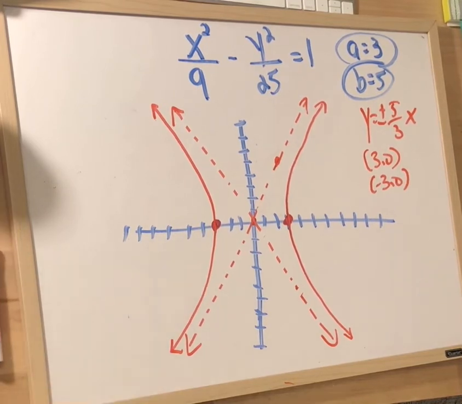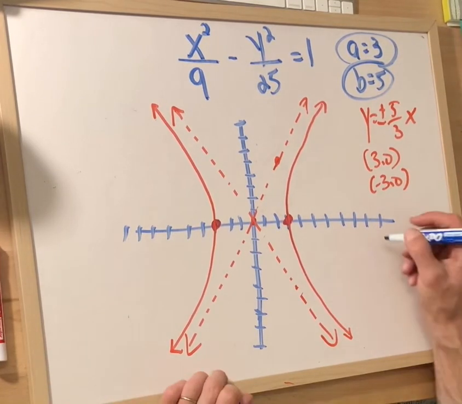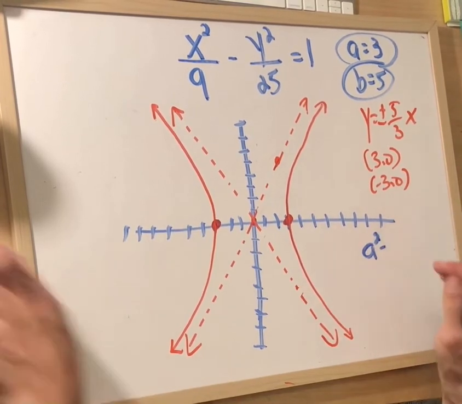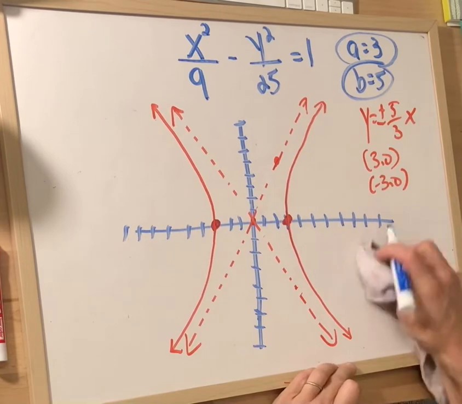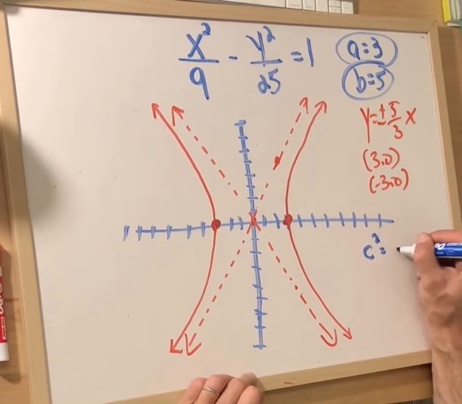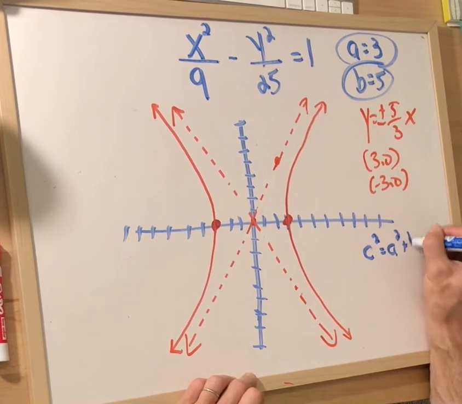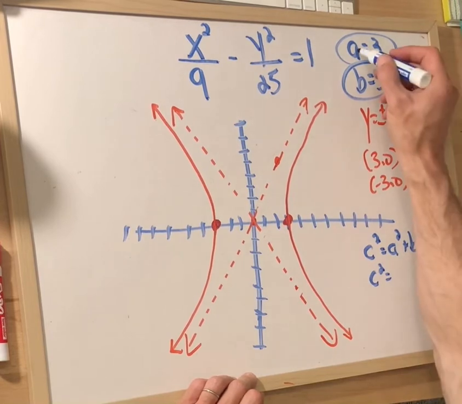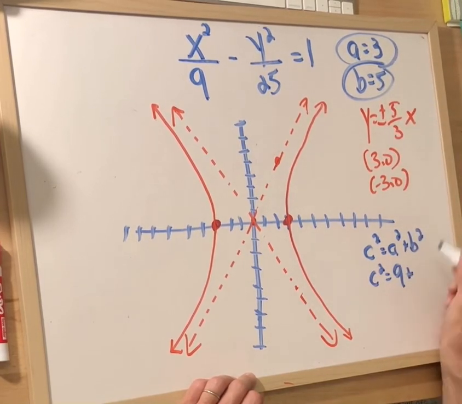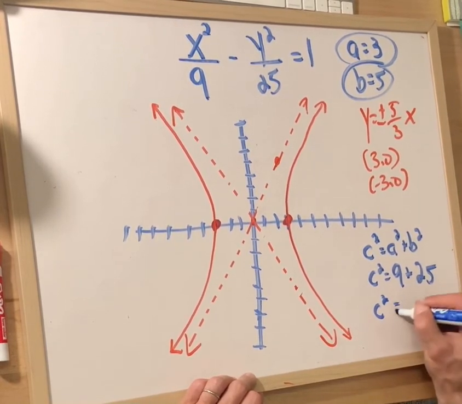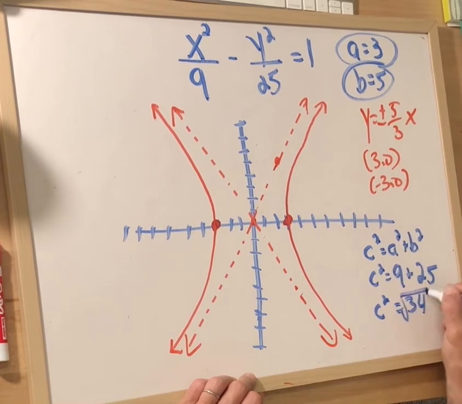Next thing is the foci points. So this is the weird one where you'd say c squared equals a squared plus b squared. So you have c squared equals a squared, 3 squared is 9, plus b squared, which is 25. And you're going to have c squared equals 34, and then you square root both sides.